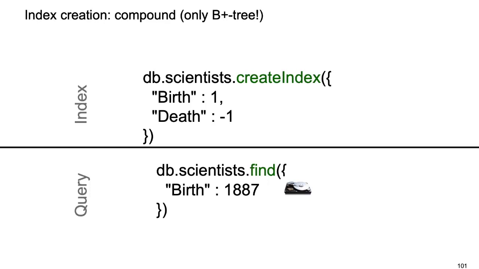So this is why this works. So whenever you have an index on birth, death, like in that case, it would be totally useless to also build an index on birth, right? If I have an index on A, B, C, I don't need an index on A, B, and I don't need an index on A. It's a common mistake many people make, and they waste space on this because they build too many indices, right?